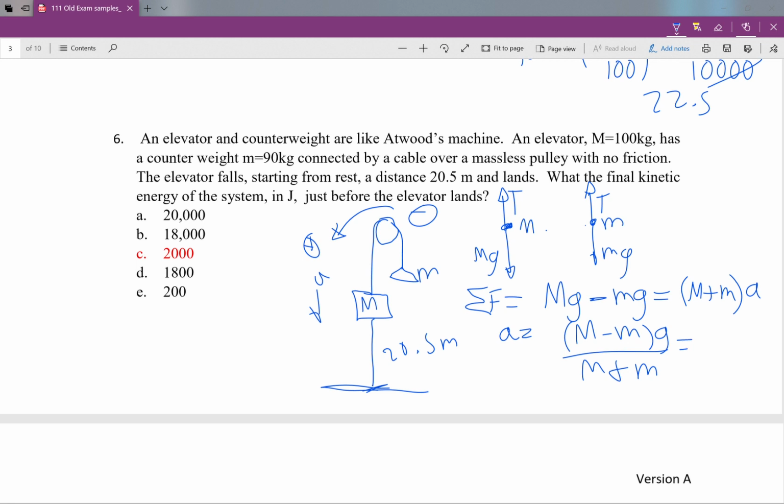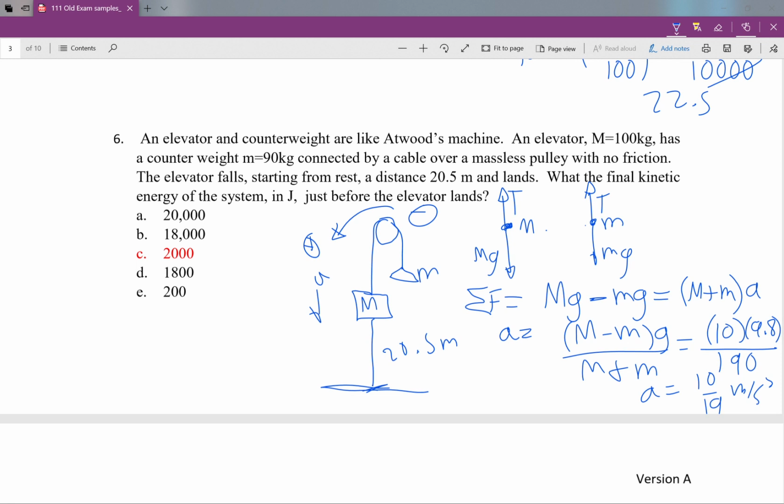If you calculate it, 100 minus 90 is 10. 10 times 9.8, all of that divided by 190. I approximated the value for acceleration using g equals 10, and you're going to get 10 over 19 meters per second squared, just for approximation purposes.